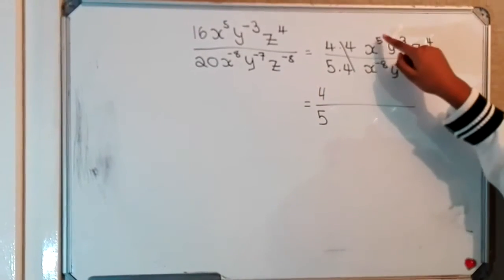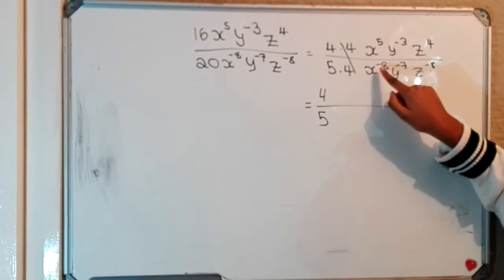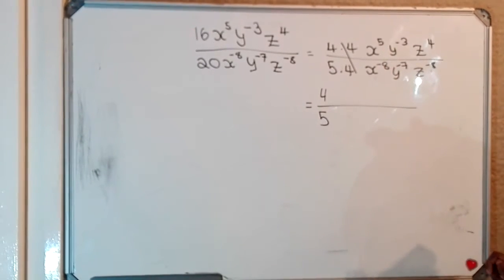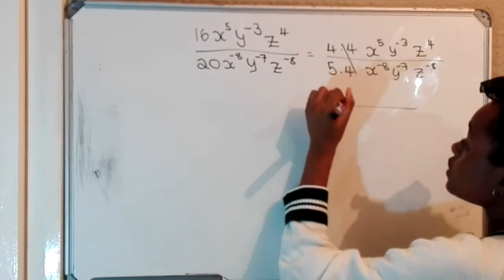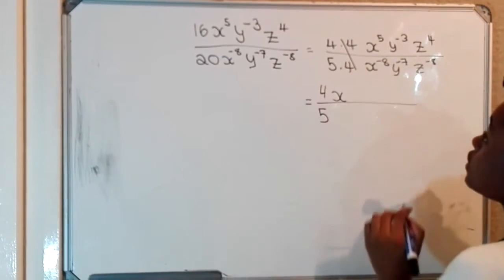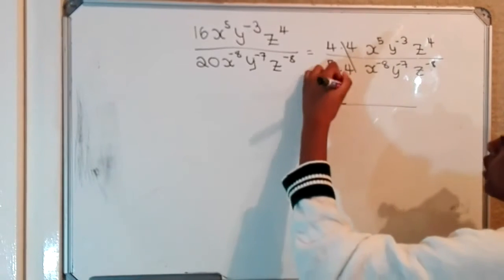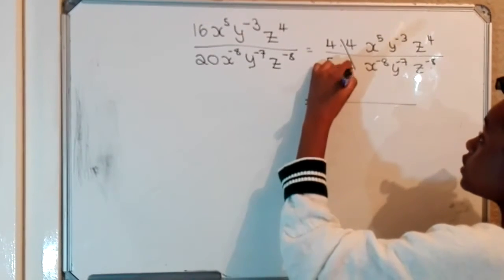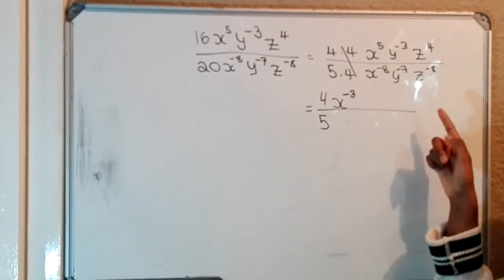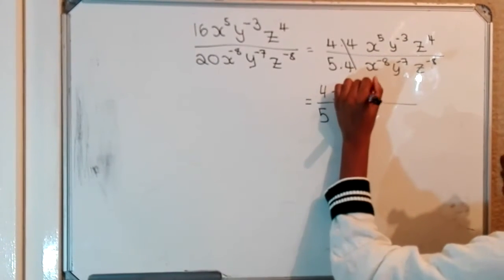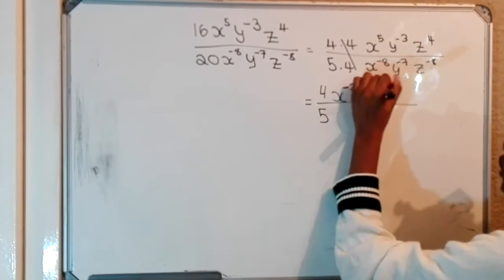So we're going to subtract the exponents. So we're going to have 5 minus 8 for x, right? 5 minus 8 is going to be negative 3. And then y: -3 minus -7 is going to give you y^-10. Okay?